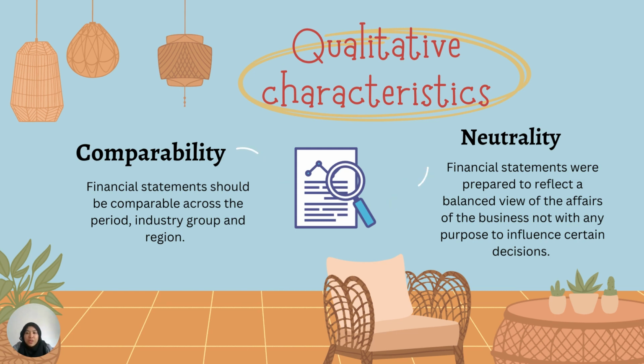And neutrality, the financial statements are prepared to reflect the balanced view of the affairs of the business and not with any purpose to influence certain decision. So it must be neutral, not biased to certain group or business to make the decision.